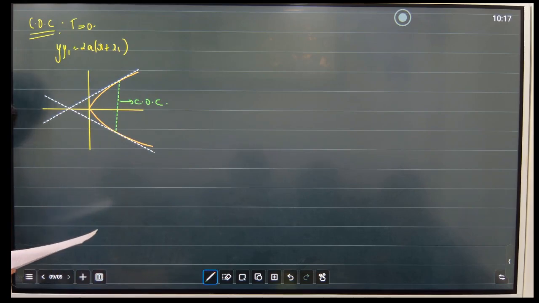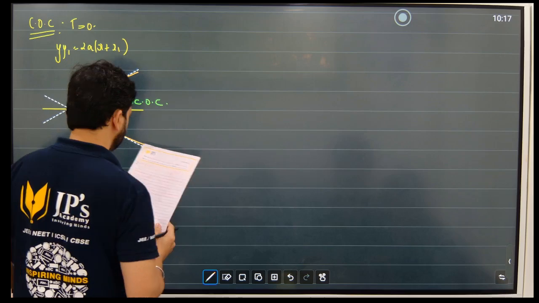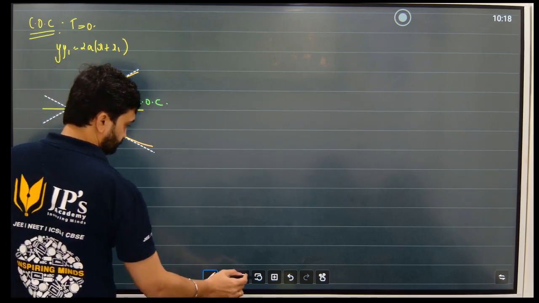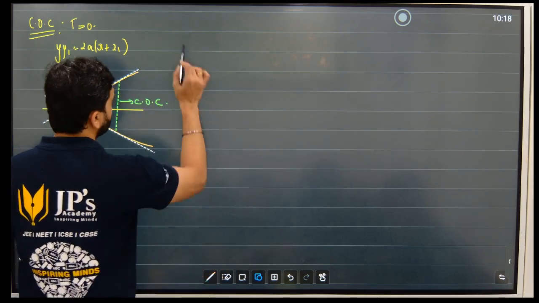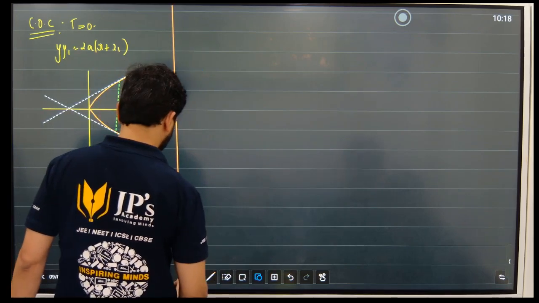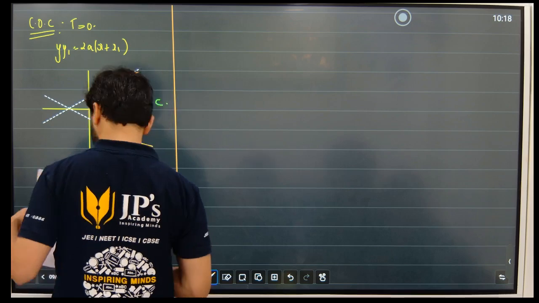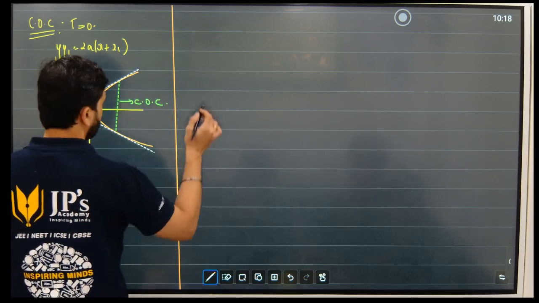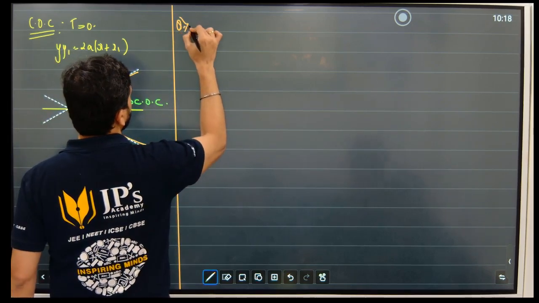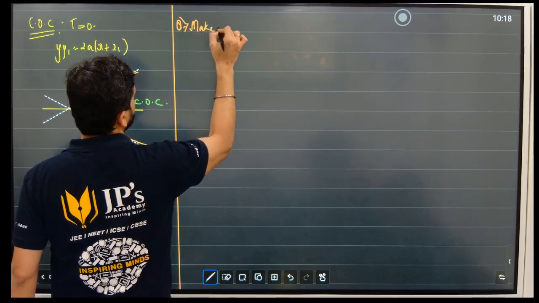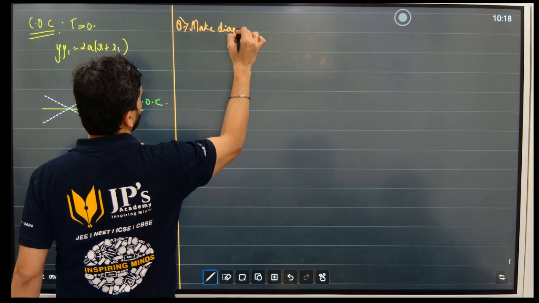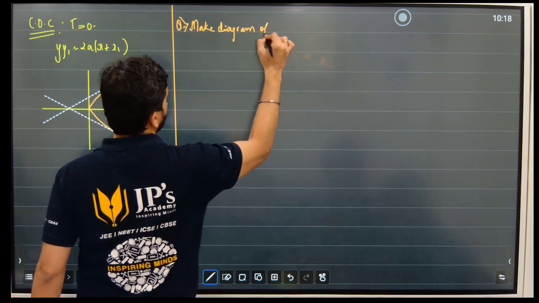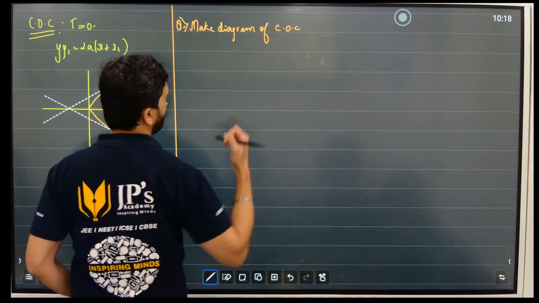Now, first try to understand how to find the chord of contact.